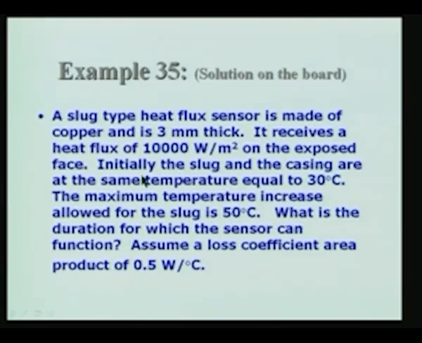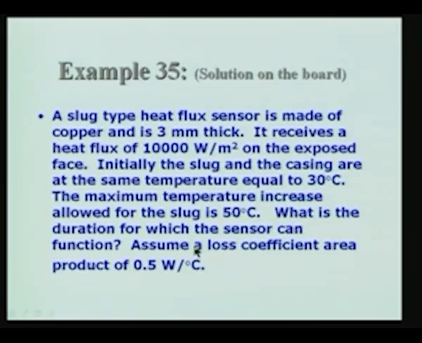It receives the heat flux of 10,000 watts per square meter on the exposed face. Initially, the slug and the casing are at the same temperature equal to 30 degrees. This is nothing but your T naught and T infinity, we are assuming it to be 30 degrees, and the maximum temperature increase allowed for the slug is given as 50 degrees. We do not want to go beyond 50 degrees for the slug temperature.